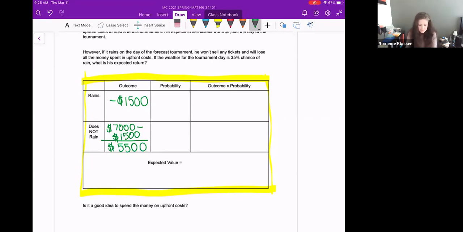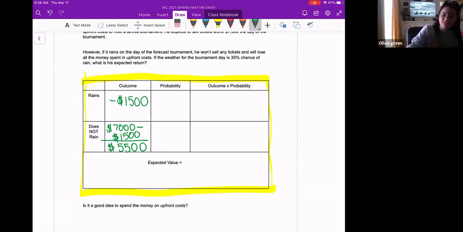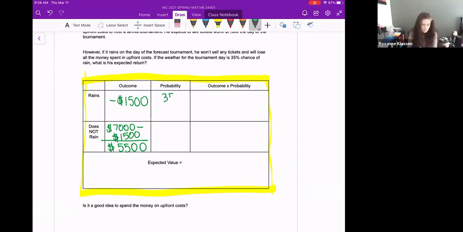If it rains, what would you put in that box? Is it just 35%? Yeah, so you could write 35%, and we could write it as a decimal, right? Because when we use calculations, you write 0.35.